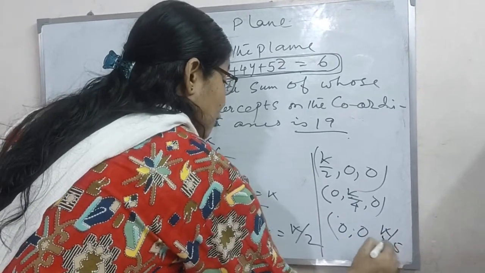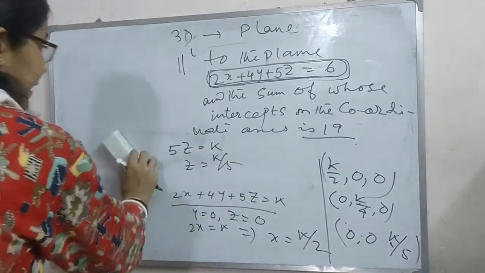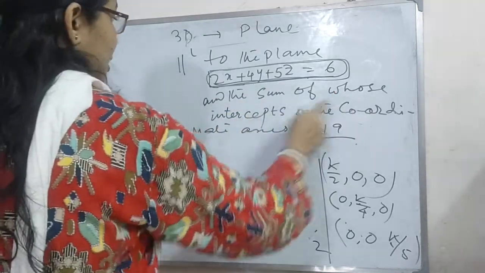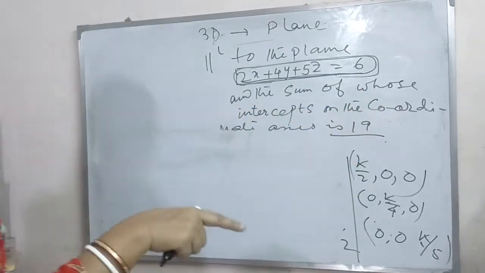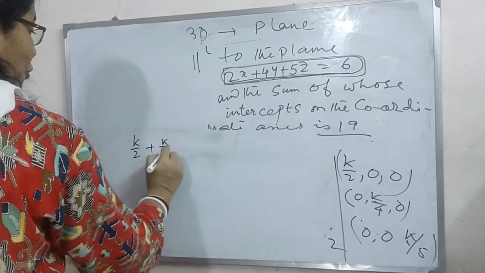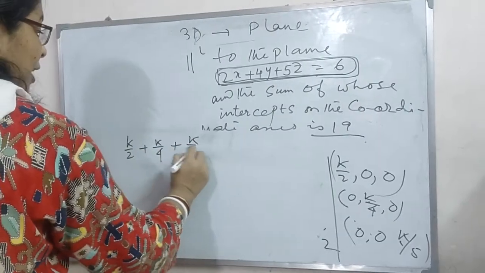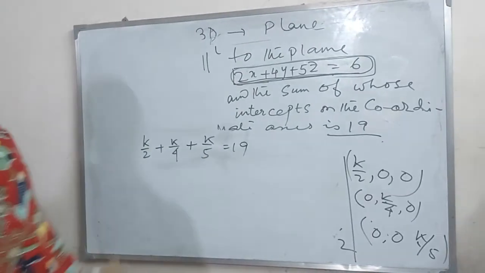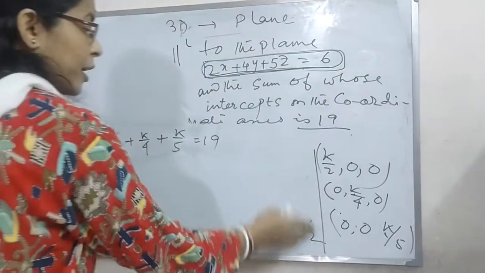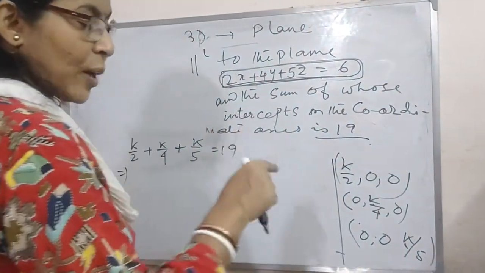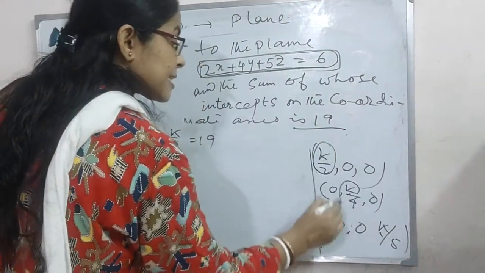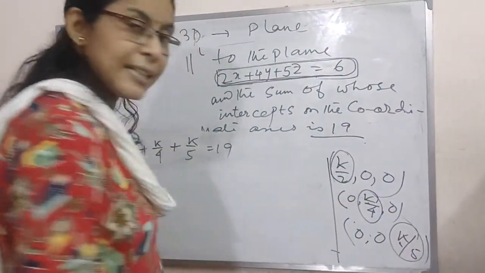And it is given that the sum of the intercepts on the coordinate axis is 19. That means k by 2 plus k by 4 plus k by 5 is equal to 19. This is the x intercept, this is the y intercept, and this is the z intercept.